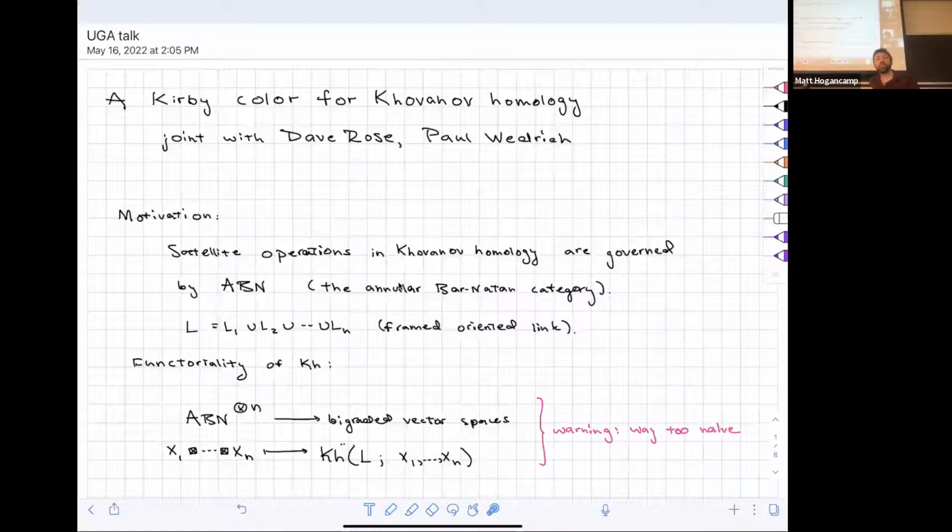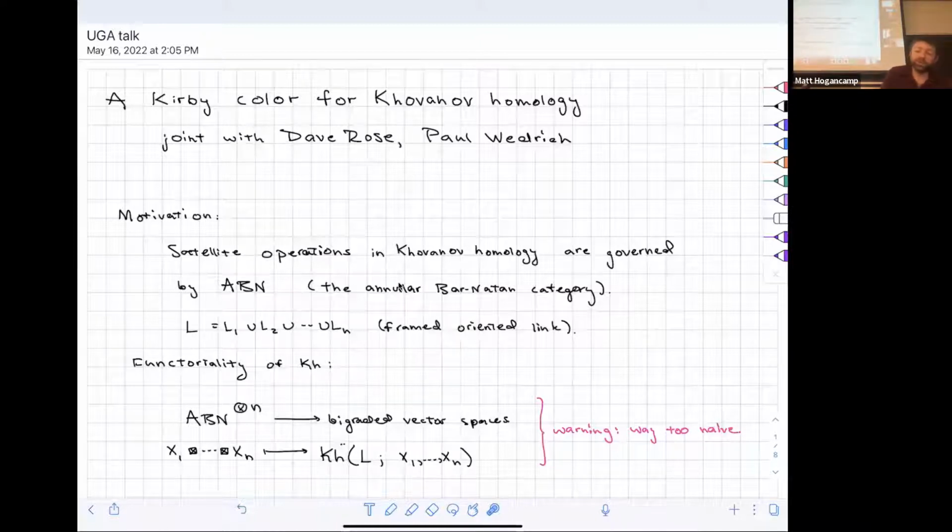A lot of what I'll be talking about today is a reinterpretation or a refinement of the description they gave of this 4-manifold invariant called the skein lasagna module. Manolescu-Neithalath have this understanding of what the attachment of a 2-handle does to the skein lasagna module, and Dave, Paul, and I wanted an abstract way of understanding this in terms of satellite operations.